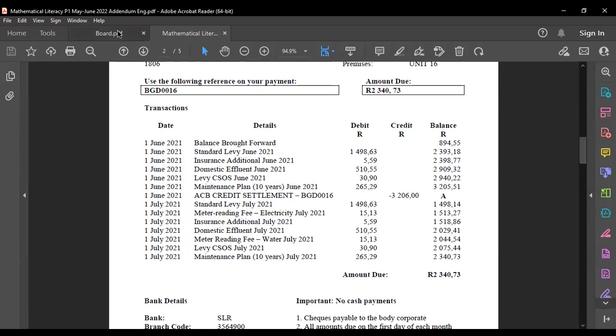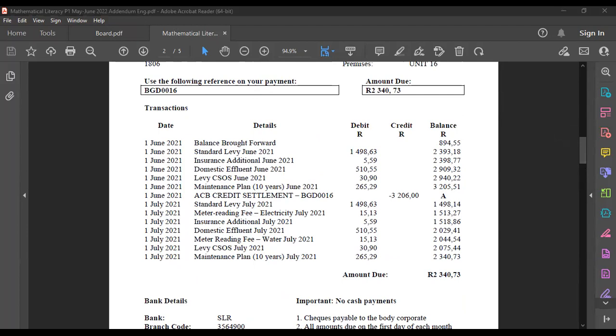All right, let's go to the question. The question says, write down the reference number that Bongiwe must use when she pays her account. Not the maximum number, the reference number.